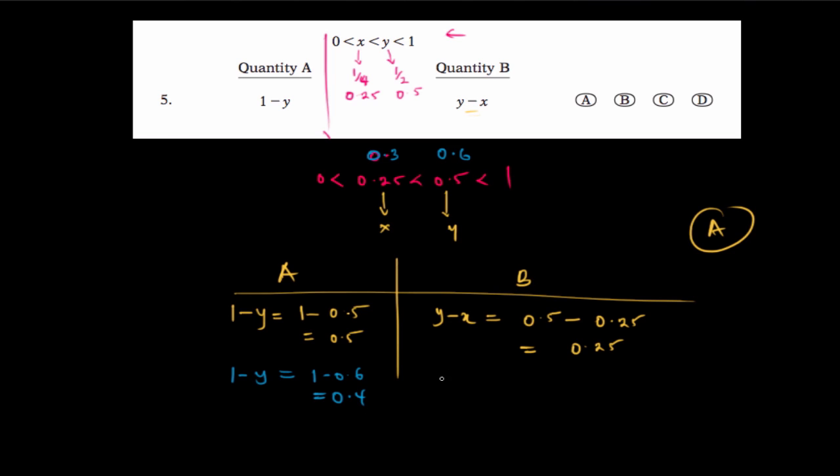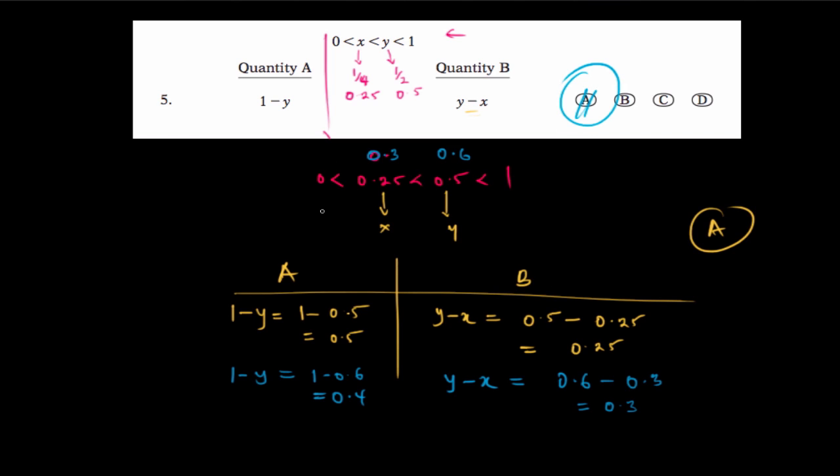Your B is y minus x, which is 0.6 minus 0.3, and that gives you 0.3. So again, you observe that A is still greater than B, so the answer still remains A.